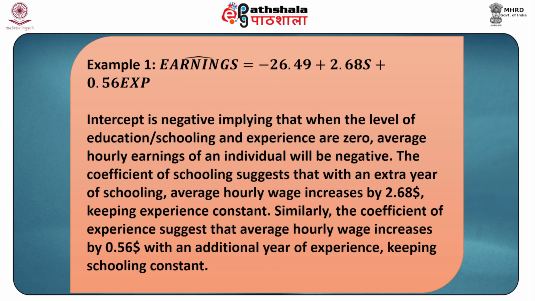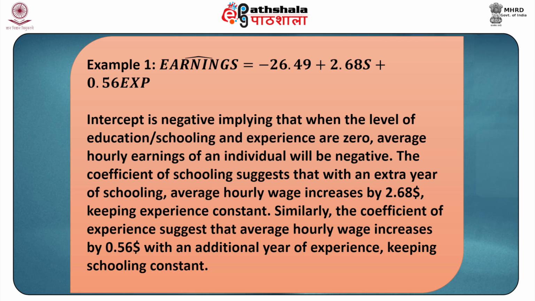Thus, the estimated model now becomes expected earnings equal to minus 26.49 plus 2.68 s plus 0.56 exp. Intercept is negative, implying that when the level of schooling and experience are 0, average hourly earnings of an individual will be negative.